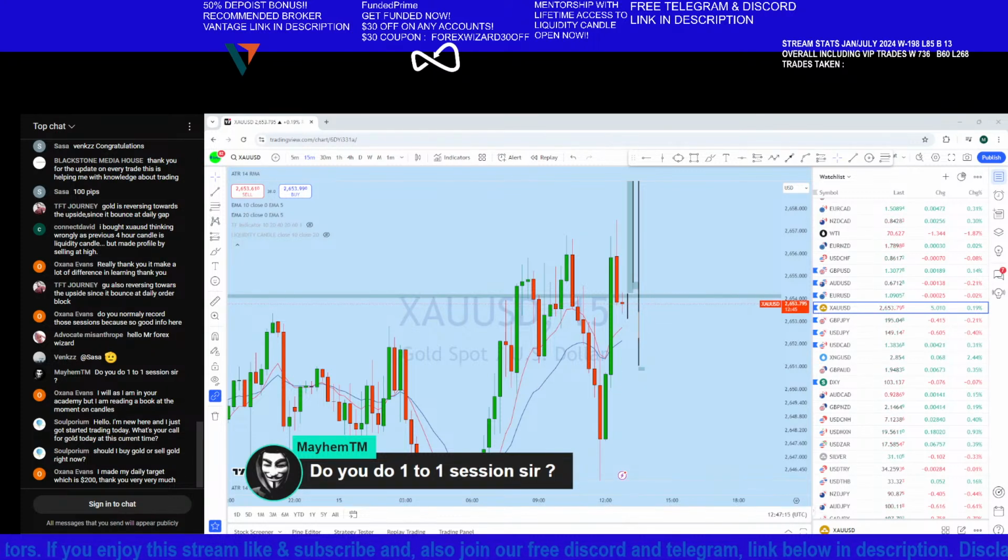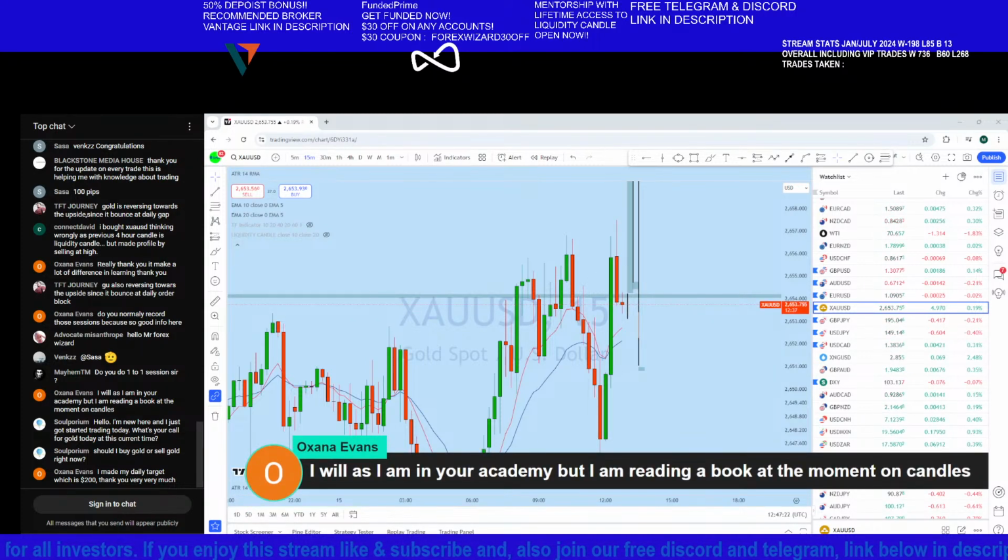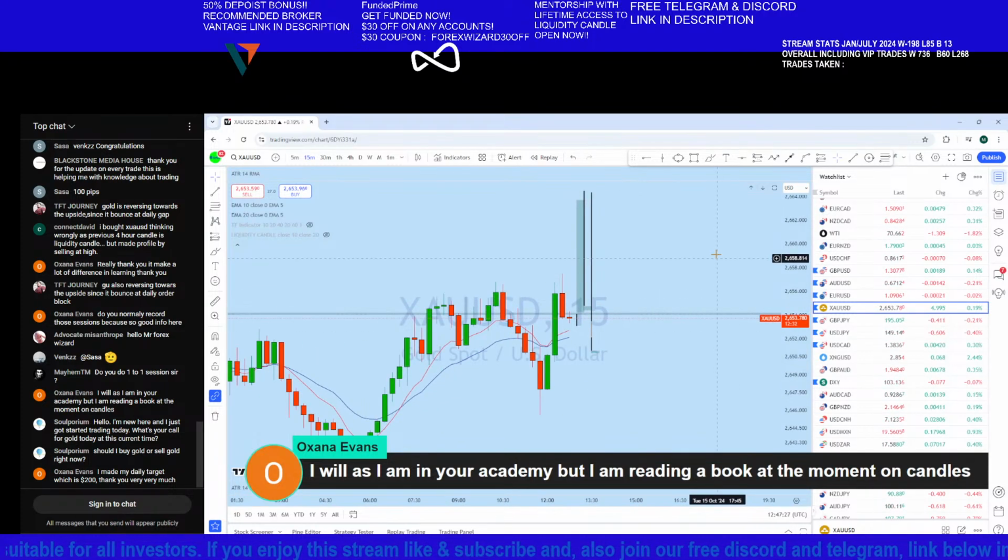I'm in your academy, but I'm reading a book at the moment on candles. Okay, that's also very good. Reading books is always helpful, and for my experience, I have found that in trading it is a better idea to combine both books as well as visual learning, because trading relates fully to the live market, and to become a trader one must have extensive experience in the live market.